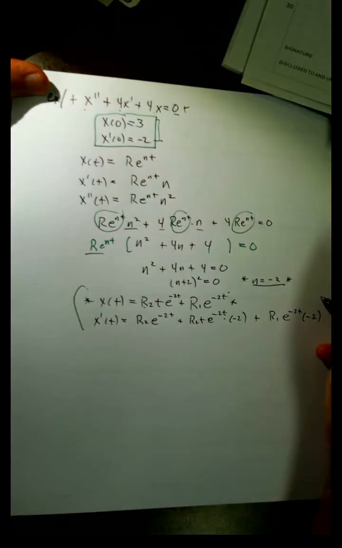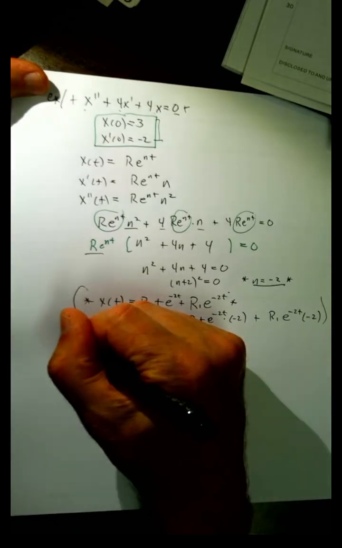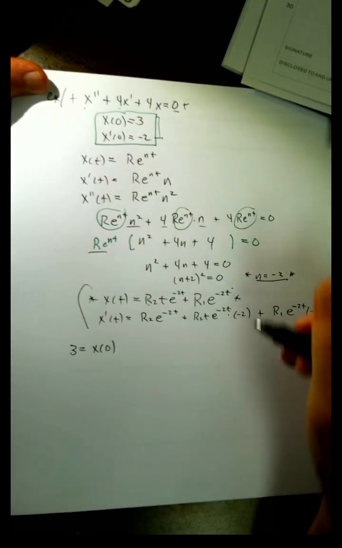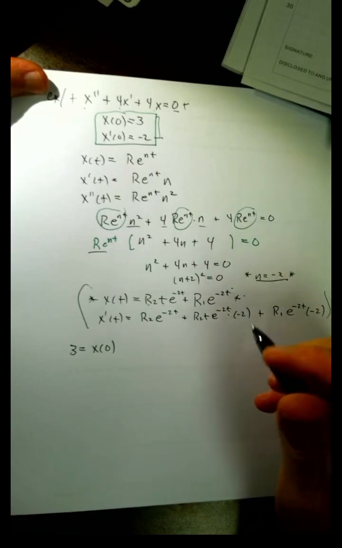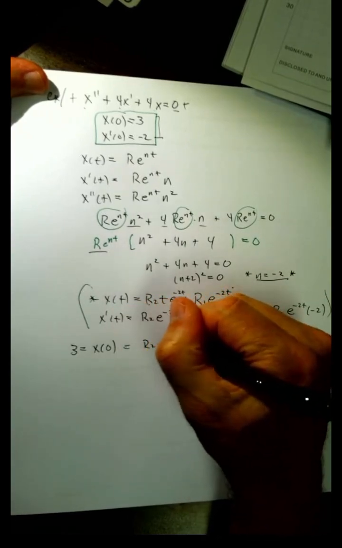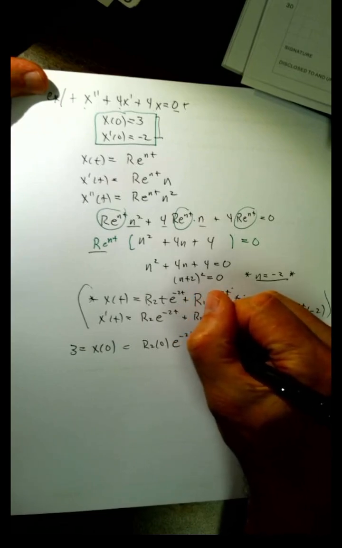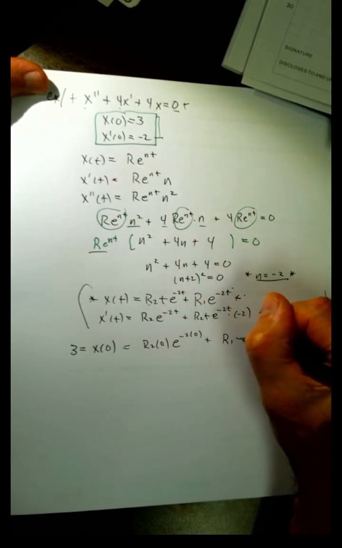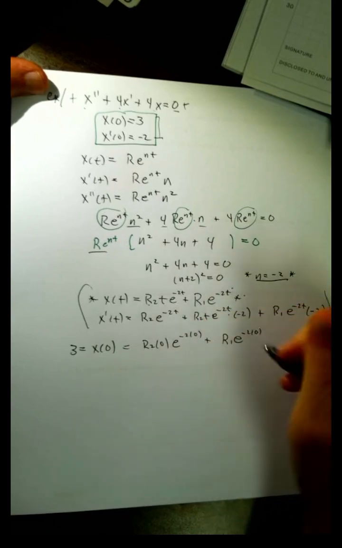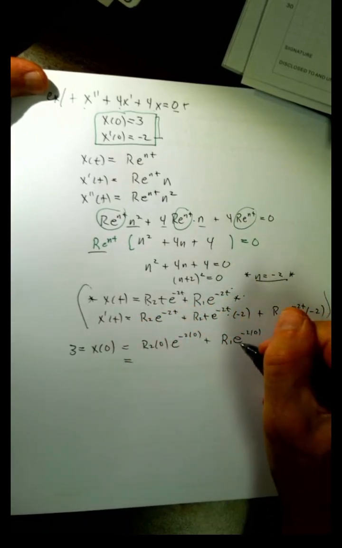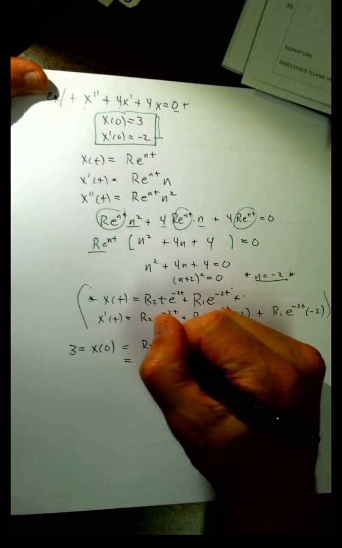Okay, so now I'm going to plug in x of 0 equals 3. So when I plug in t equals 0 into x of t, I should get 3. So everywhere I see a t in this expression, I'm going to replace it with a 0. r2 times 0 is just 0. e to the 0 is 1, so this is just r1.